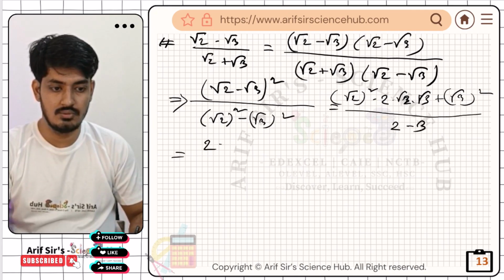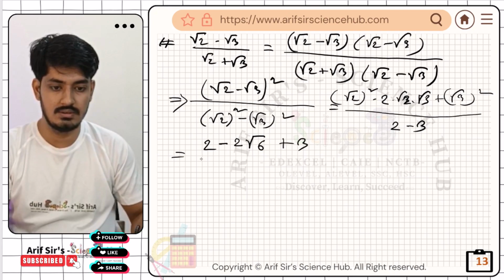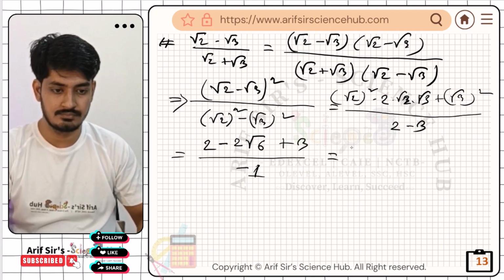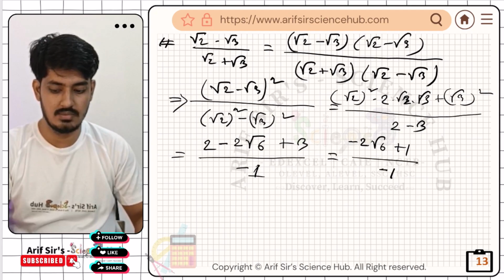So 2 minus 2 root 6 plus 3, then minus 1. Okay. So now we can write minus 2 root 6 plus 1 divided by minus 1.